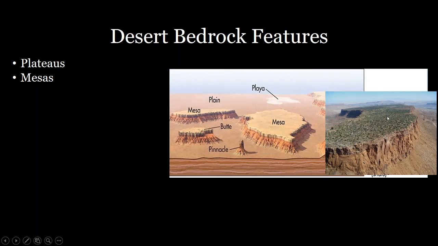When part of that plateau is cut off from the main region and leaves kind of an island with a flat top, that area is called a mesa. A mesa is fairly large, but is completely surrounded by low-lying desert around it.